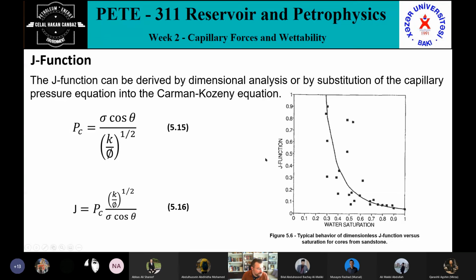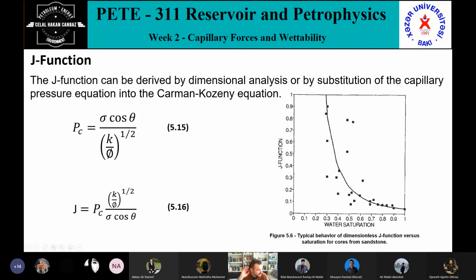For example, if you make a correlation for a certain situation, your J function versus water saturation will be in a shape like this, an exponential decrease. It's typical. It can be different in some parts, but typically it shows an exponential decrease.